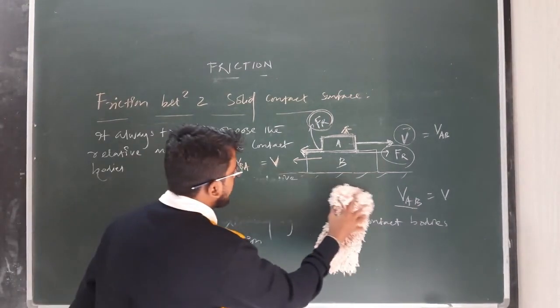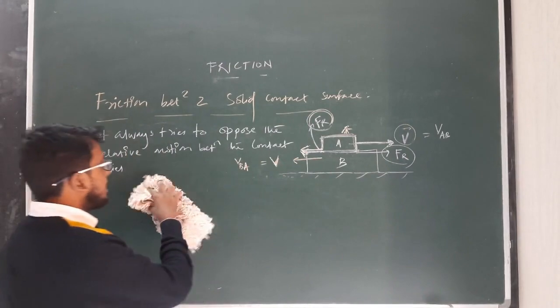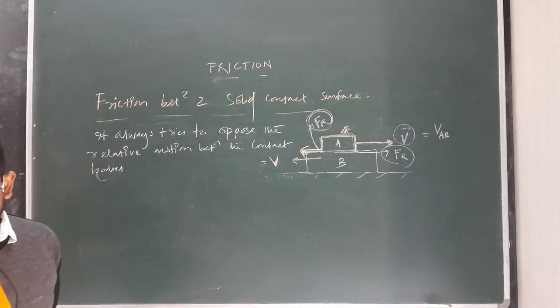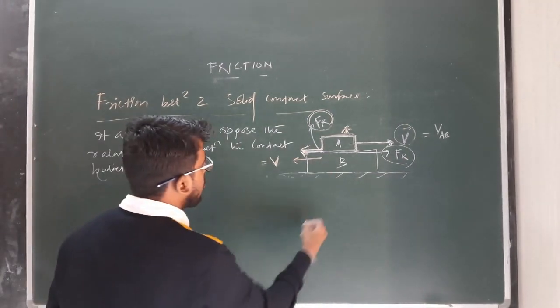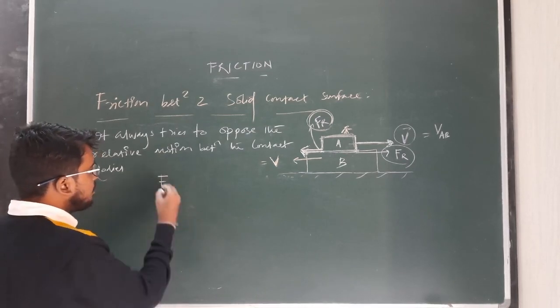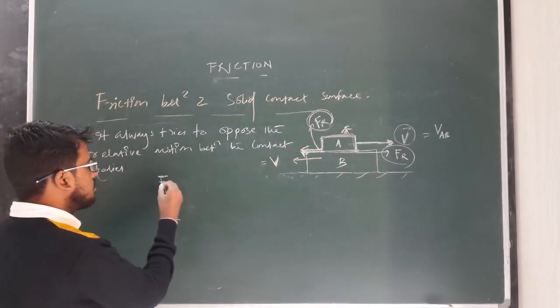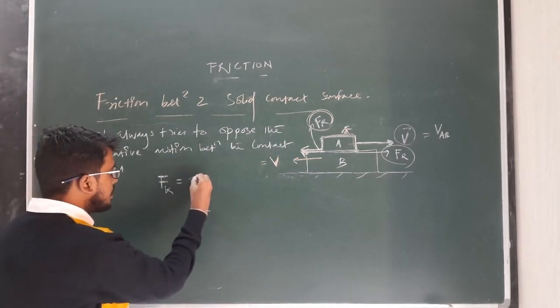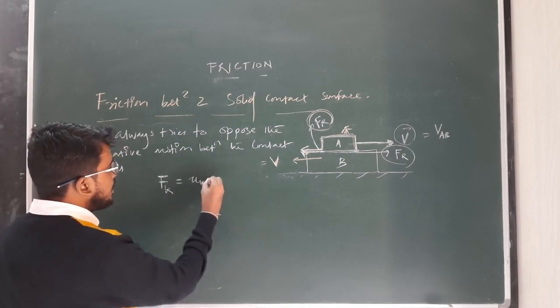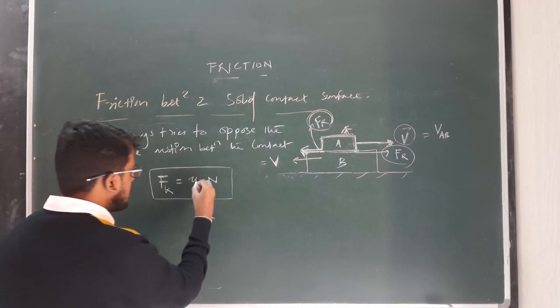So what is the magnitude or value of this kinetic friction? The magnitude of the kinetic frictional force between two contact surfaces can be written as, if this is F kinetic, I am writing here the frictional force when there is a relative motion, that is known as F kinetic, can be written as some constant mu k into the normal reaction force. Okay, so here what is mu k?